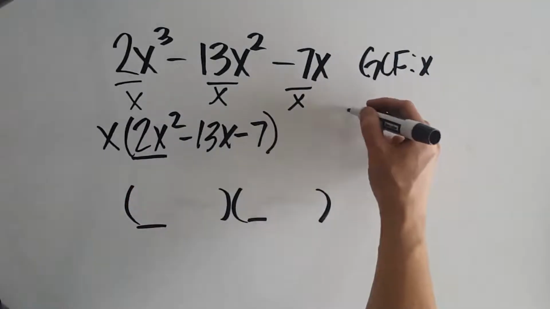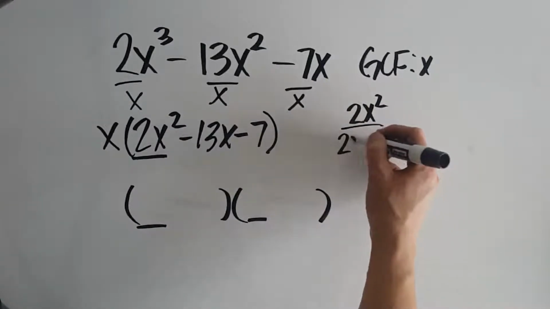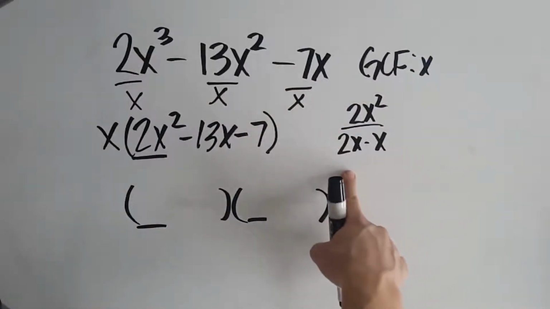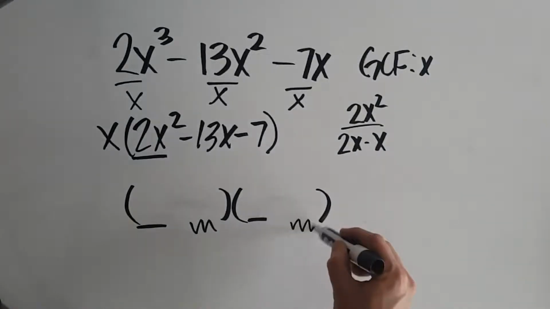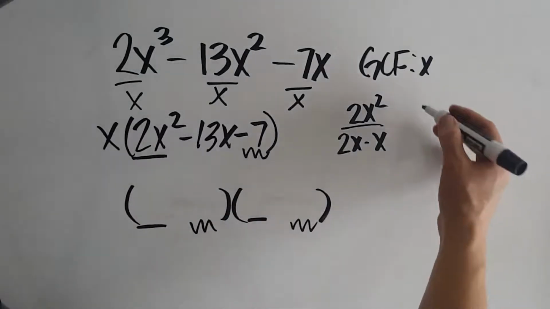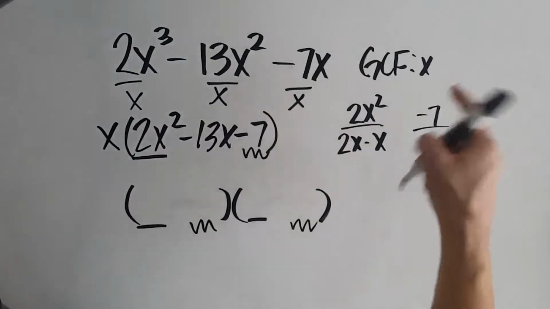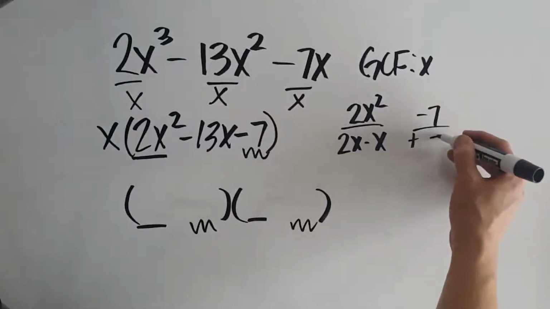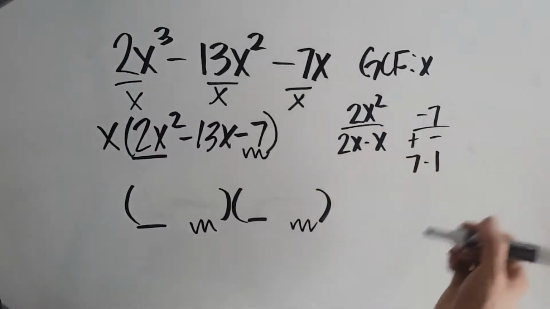So off to the side, I'm going to come up with factor pairs that multiply to be 2x squared. We have 2x and x. That's really our only option. We also know that the last spot in each binomial, the product of that, will give me the last term in my trinomial. So again, I'm multiplying to be negative 7, so I'm going to come up with some factor pairs. Because it's negative, I know my signs have to be one of each, and really I can only come up with 7 and 1.